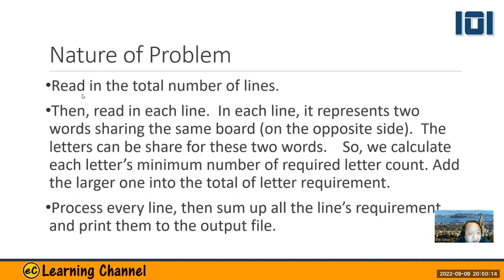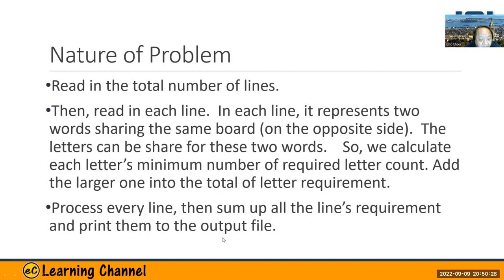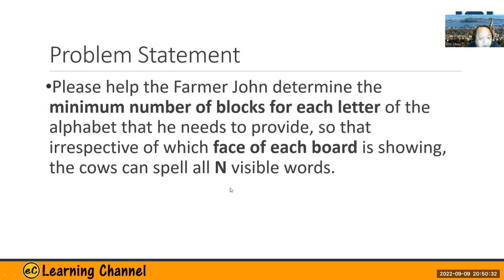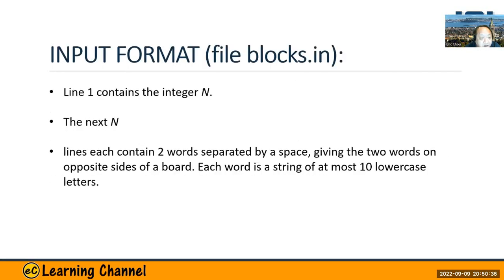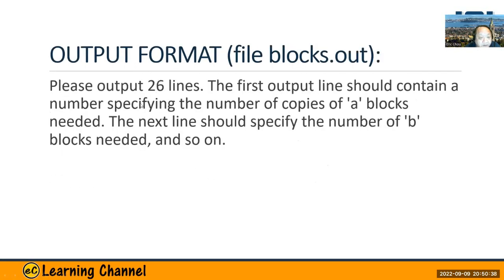They are totally independent, right? So read in the total number of lines, and then analyze the need for each line. Then process each line, then sum up the lines' requirements to print out the output. So this one you should get, with the input and the output format, print out 26 lines.